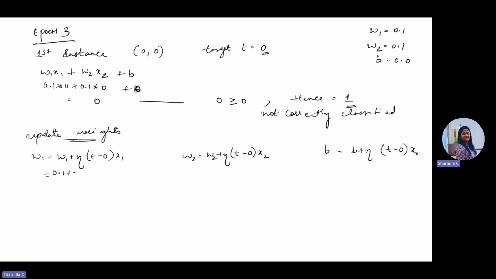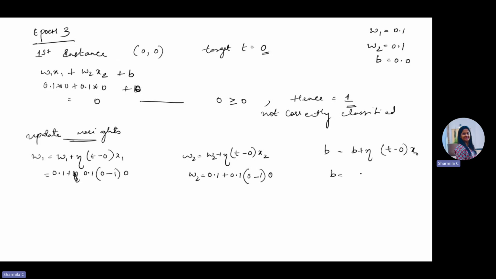It is 0.1 plus the learning rate, which is 0.1. Target is 0, obtained output is 1, so 1 into x1. What is x1? x1 is 0. Then W2 equals 0.1 plus 0.1, target is 0 minus obtained is 1, into 0.